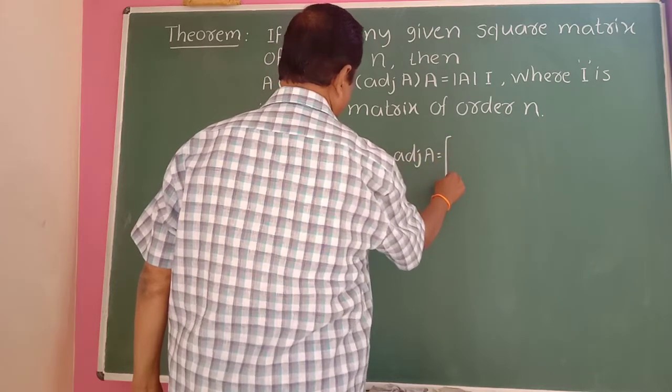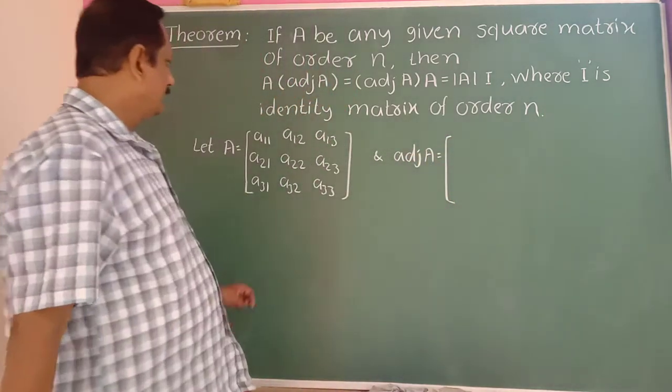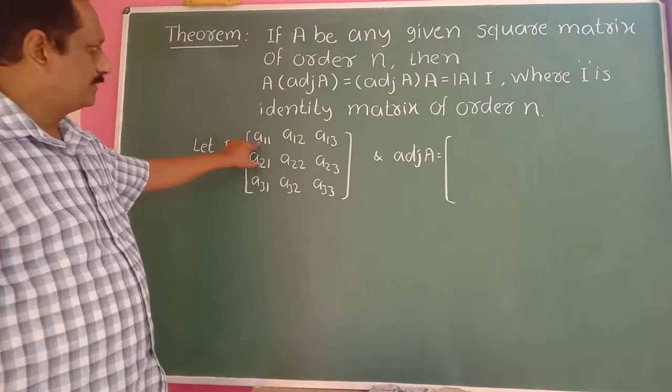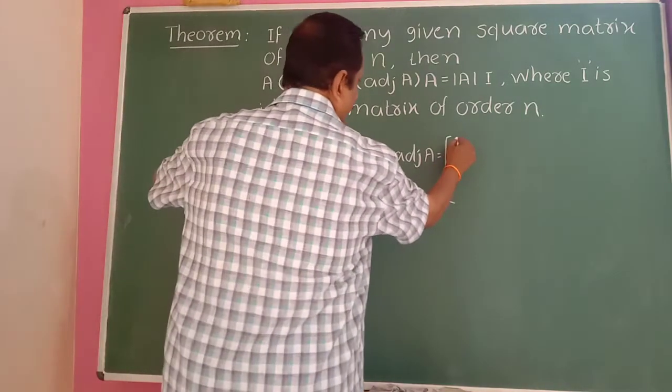The adjoint of the matrix A is equal to: the cofactor of A11 is capital A11 here.